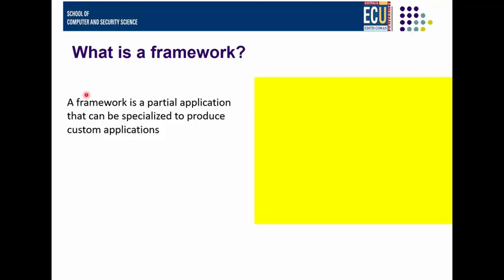And then we had web forms and window forms, that was the second layer. Then we also had a layer of ADO.NET, a common language runtime layer, and so on. So frameworks are basically partial applications on top of which you can build your own application, providing you the capability to quickly develop it.